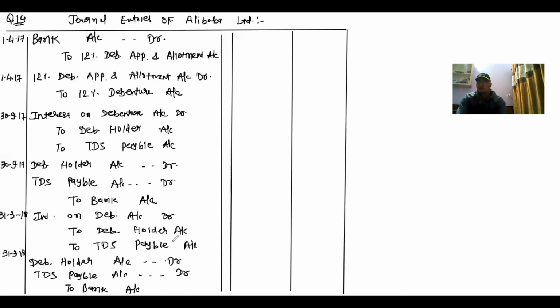First of all, 18,000 debentures issued at the rate of 100 rupees. So 18,000 multiplied by 100, we get the amount, that is 18 lakhs. 18 lakh debit, 18 lakh credit. In the same way, again 18 lakh debit and 18 lakh credit. Got it? Now the interest amount.